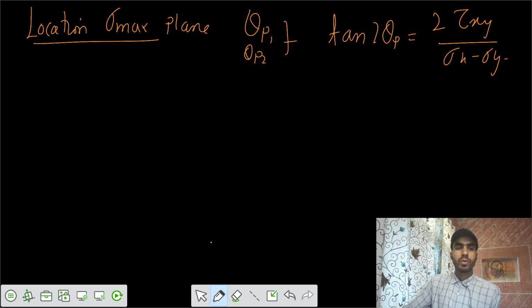We forgot to substitute that particular value of theta in the sigma x dash condition.